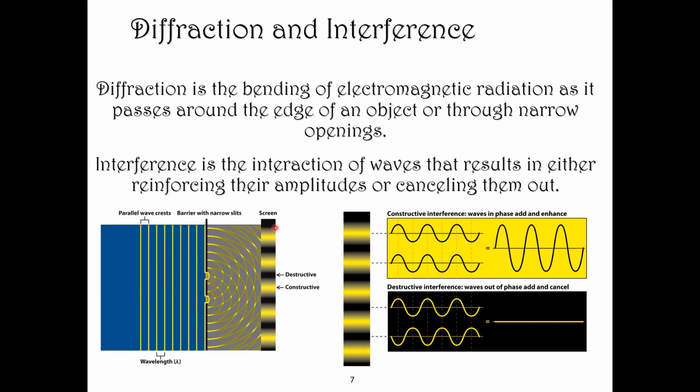And what we're going to see on the opposite side, if this is our screen or wherever the light hits at the end, is not a continuous band of light, because with the process of diffraction, the waves themselves are going to bend. That's why we now see those spherical shapes, or at least half spherical.